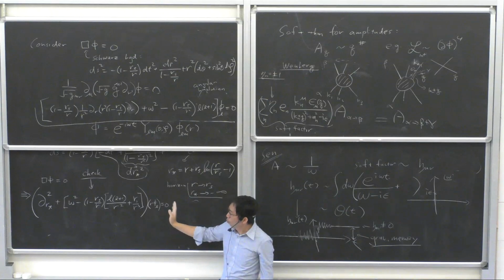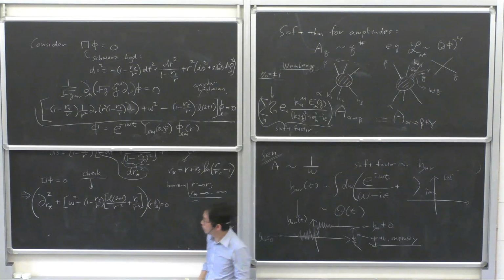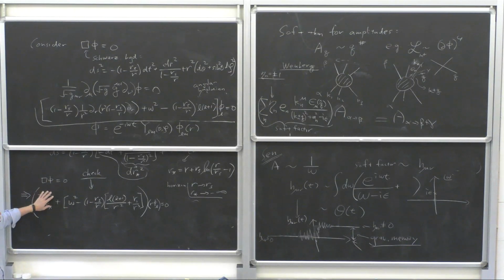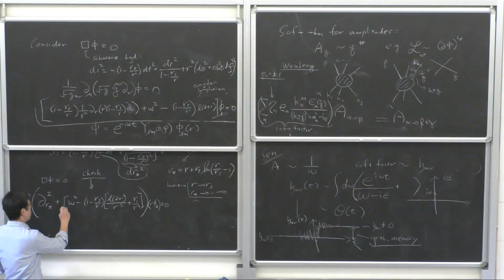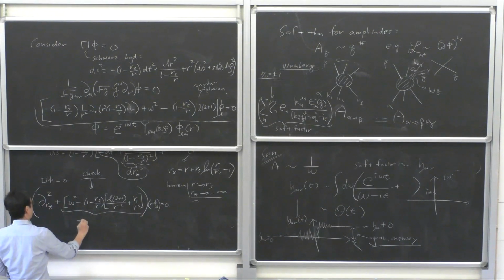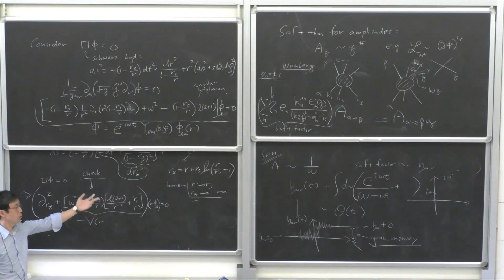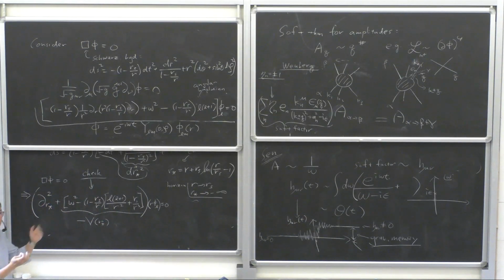Okay. Why do we like this form of the equation? Look at the structure. I have something like a second spatial derivative acting on some field. And this part you can think of as if it's some potential. You can think of it as a function of r, or as a function of r star. That's up to you. r and r star are related anyway. Yes?